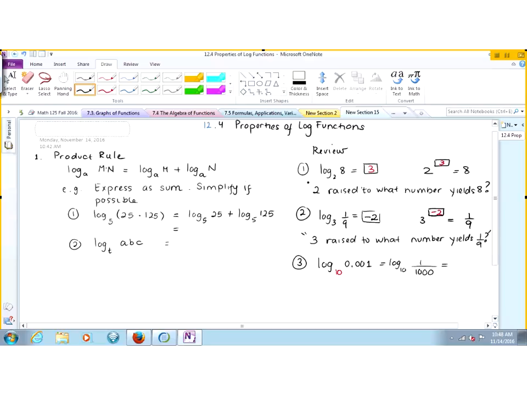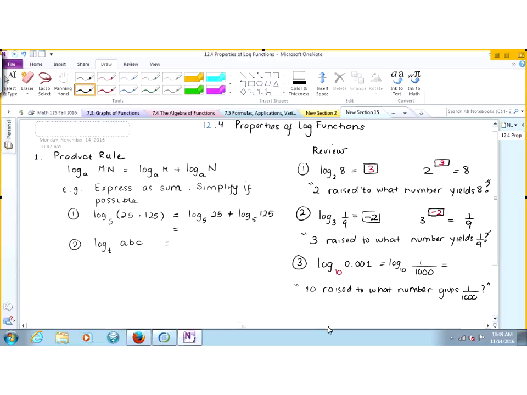So then this is equivalent to asking what question here? 10, right? That's the base of the exponent. 10 raised to what number gives or yields 1 over 1,000?